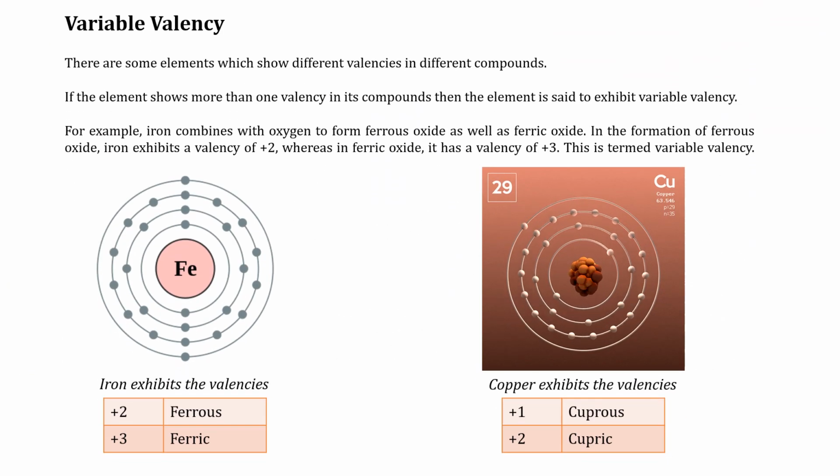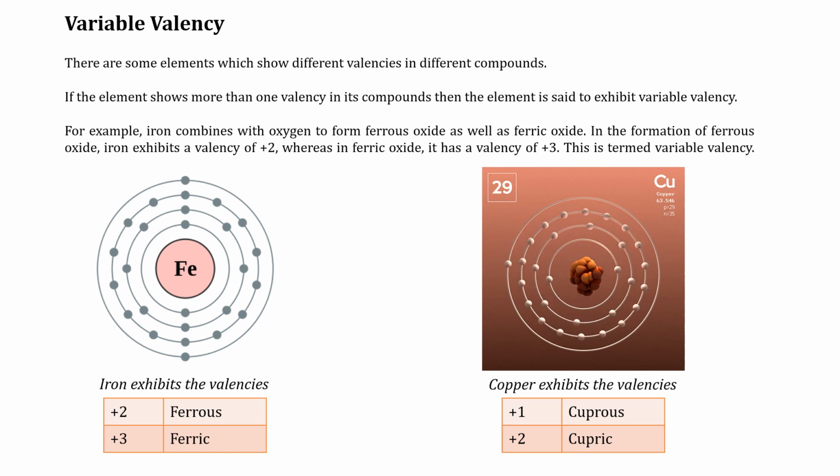Let's learn about variable valency. There are some elements which show different valencies in different compounds. If the element shows more than one valency in its compounds, then the element is said to exhibit variable valency. For example, iron combines with oxygen to form ferrous oxide as well as ferric oxide.